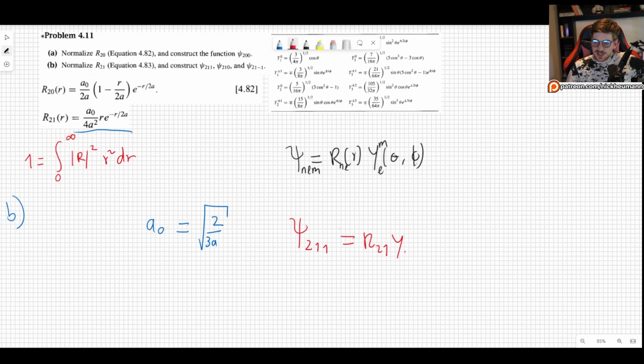So first we will take Y, L equals 1, m equals 1. Theta, phi, whatever. So the radial part we already know, that's the square root of 2 over 3a, that's a0, times 1 over 4a squared, r e to the minus r over 2a. And now we multiply by Y11.